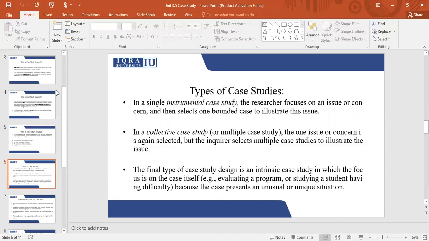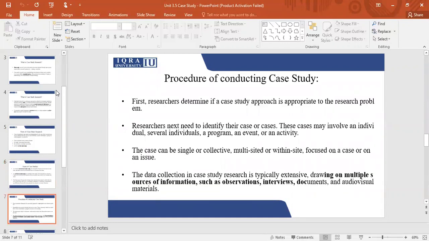So in instrumental case study, you will be talking about one case. In collective case study, you will be talking about multiple cases together. You might be doing a comparison. You might be using one thing for another. In the intrinsic case study, you will be focusing on the case that can be an evaluation or an assessment, and you will present that case because it had a very unusual or unique situation.